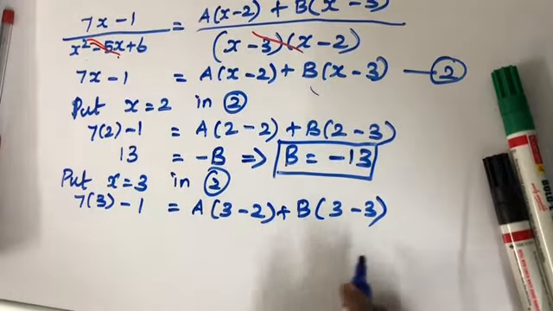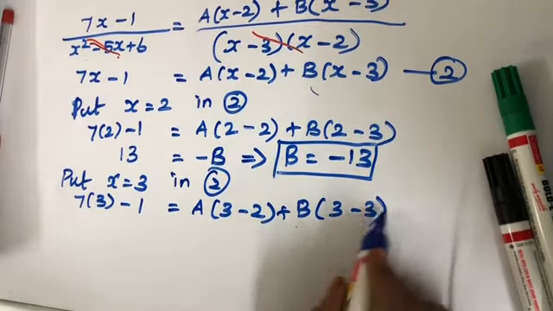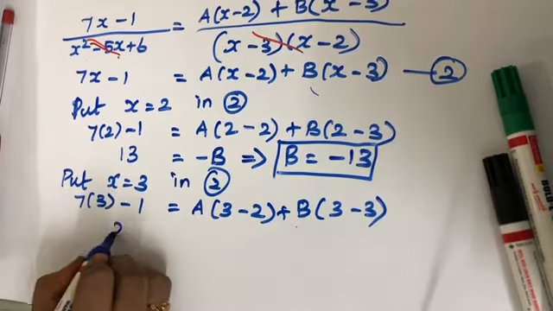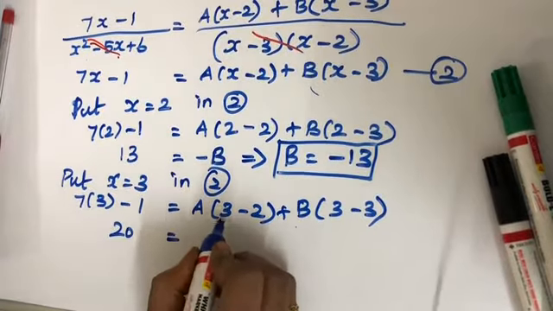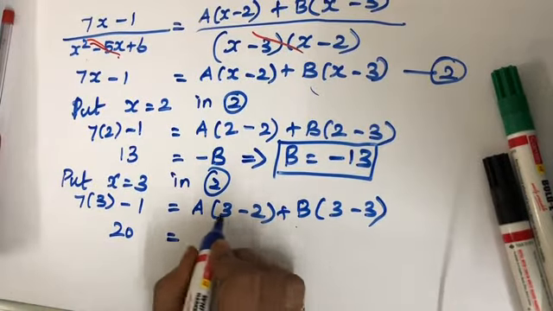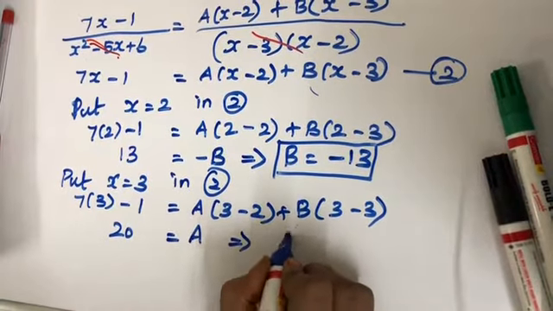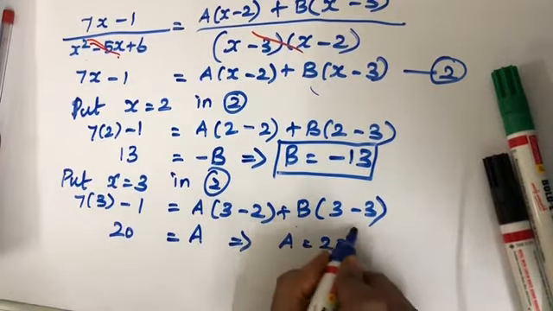Now this term will become 0. 7 3s are 21, 21 minus 1 is 20, is equal to A into 3 minus 2. 3 minus 2 is 1, that is equal to A. That implies A is equal to 20.